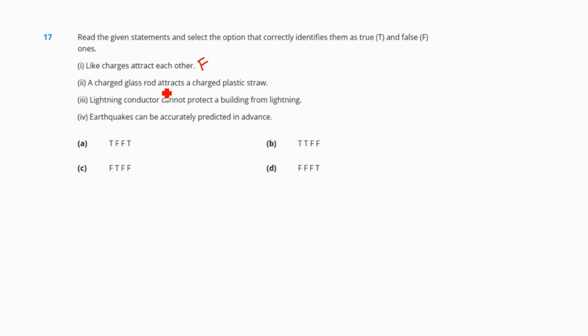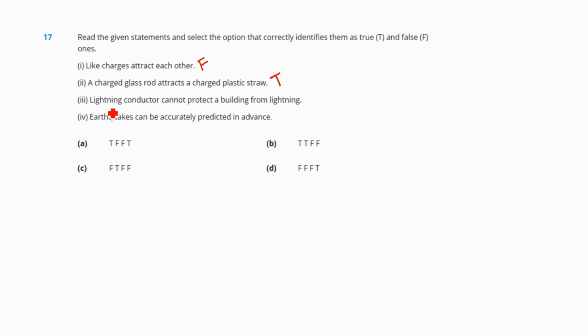A charged glass rod attracts a charged plastic straw. So this can be a correct statement. Why? Because a charged glass rod has a positive charge on its surface, whereas a charged plastic straw has negative charge on its surface. As a result, they will attract each other. So this is a true statement.